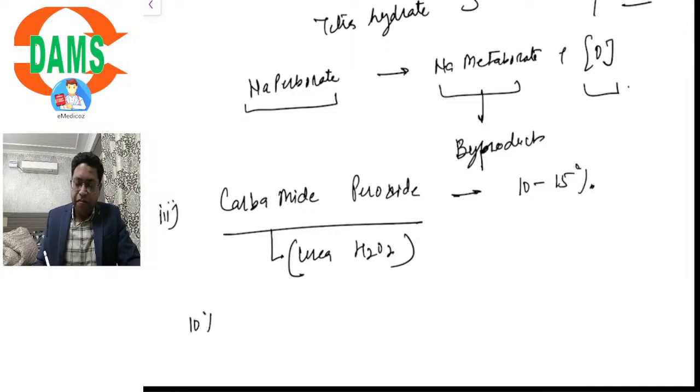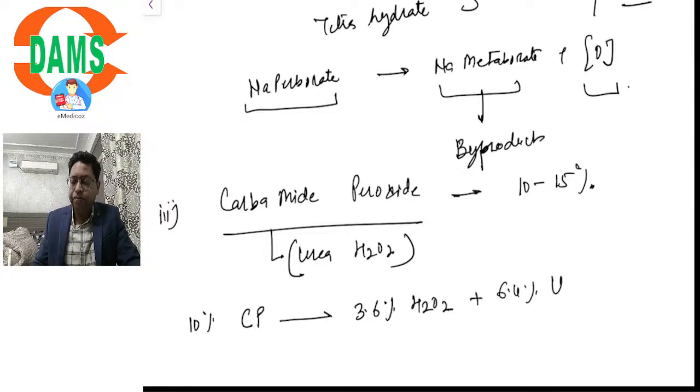If we use a 10% solution of carbamide peroxide, CP, it would disintegrate to give 3.6% hydrogen peroxide plus 6.4% urea.